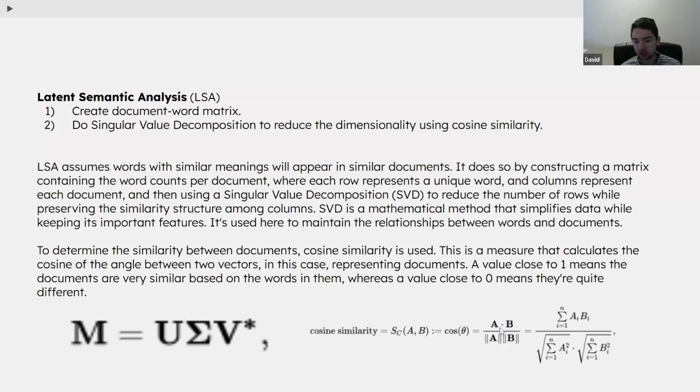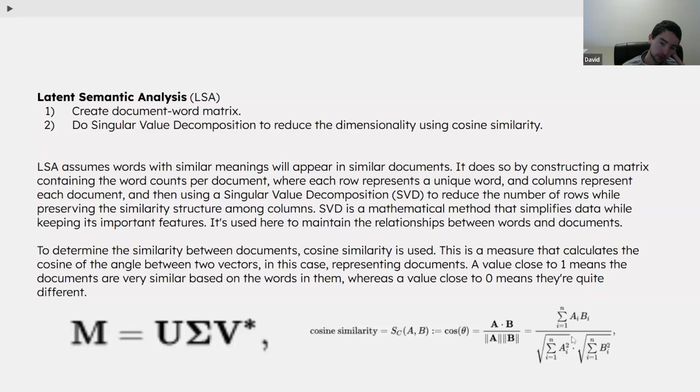Let's say we have two documents, A and B, and if you ordered all the words in a certain standard order, we can take the dot product, or multiply the amount of times a word occurs in one document by the amount of times it occurs in the other document, which is in the numerator of this, and we can do that over all the words.